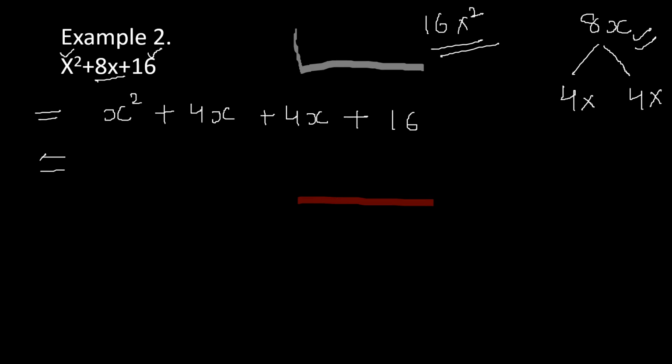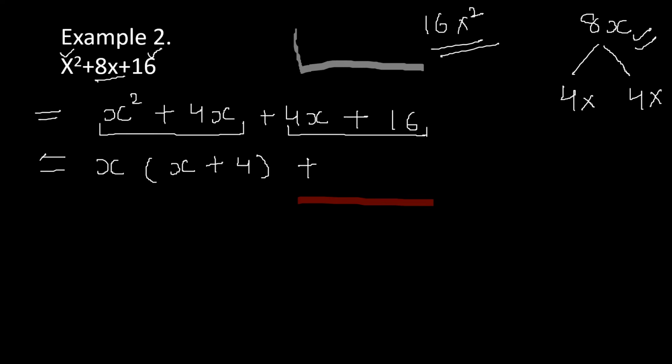Now make groups of the first two terms and last two terms. Now remember what is the next step? Yes, you have to take common factors from these. So x is common in the first two terms. I took x common, and in the last two terms there is 4 common.